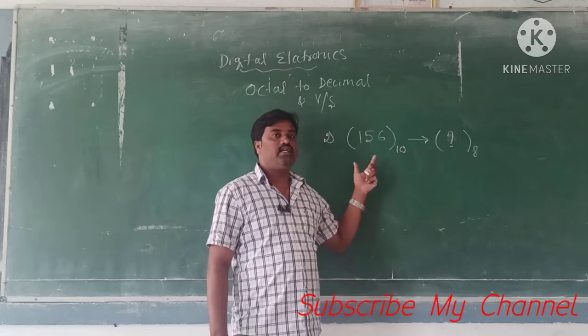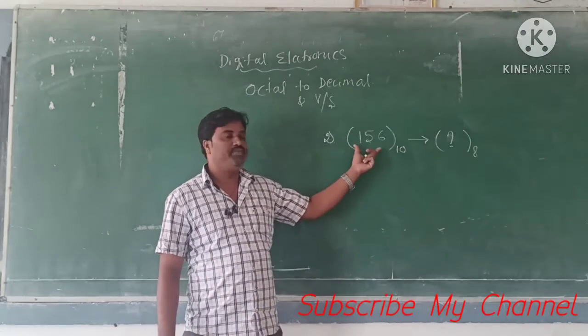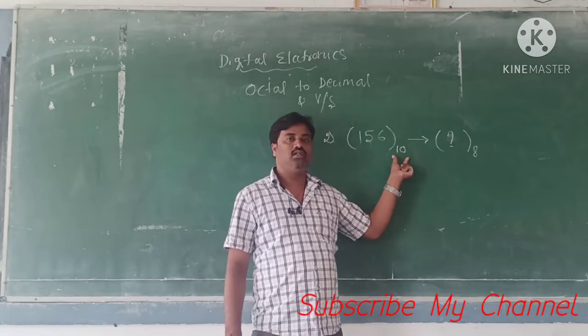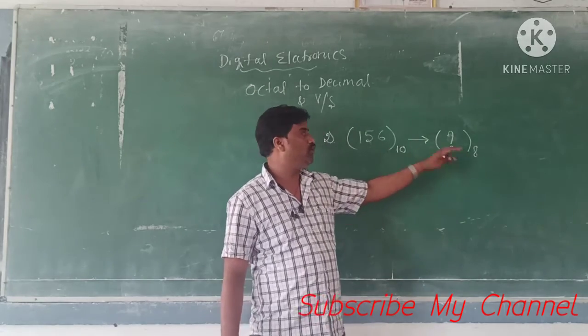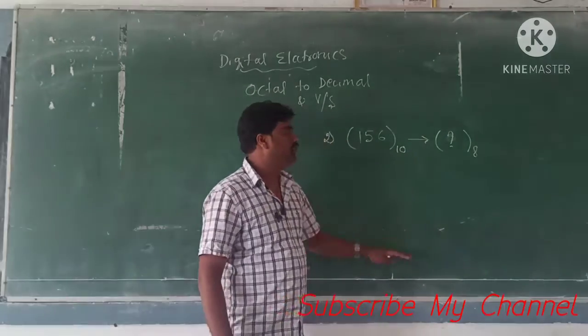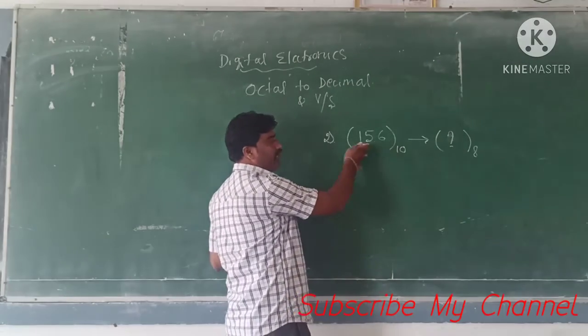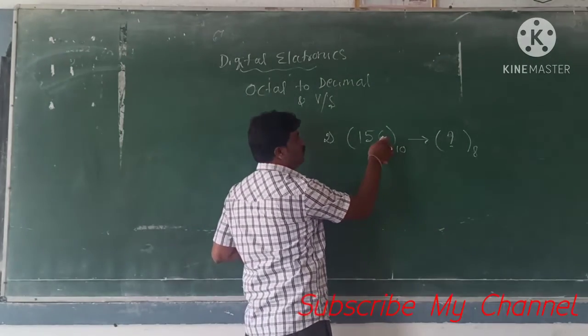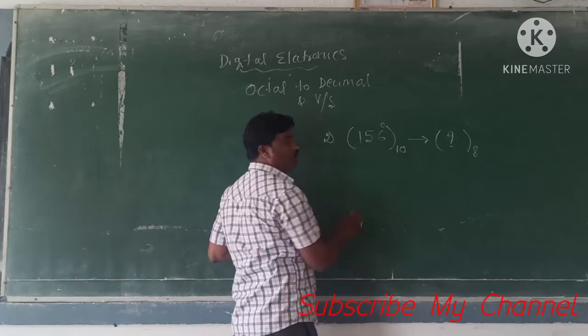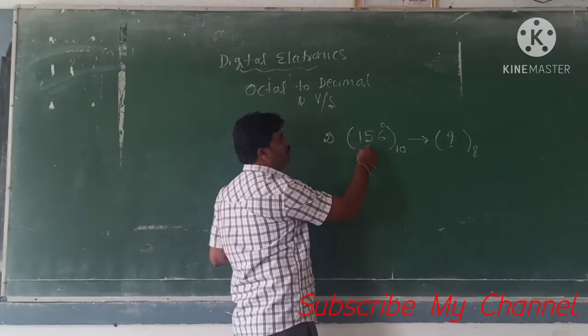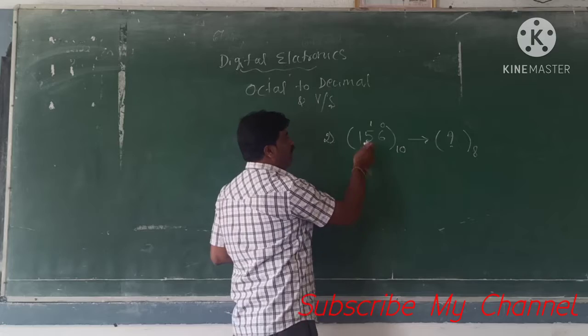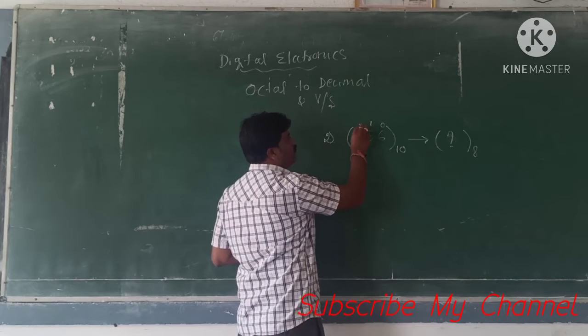We'll see another example. 156 is the decimal value. We have to convert it into octal. The procedure is the same. First we have to know the position value of each digit. The position value of 6 is 0, the position value of 5 is 1, and the position value of 1 is 2.